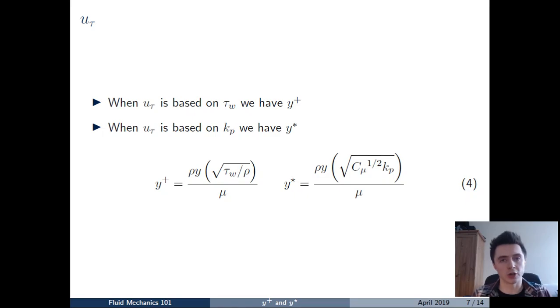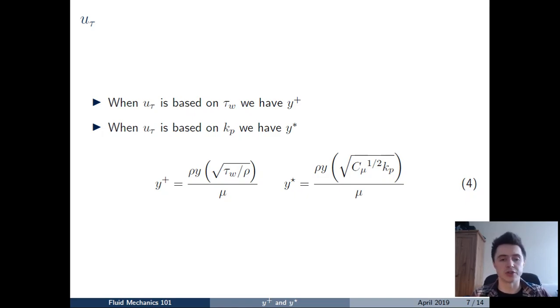The terminology that CFD codes use to describe these two approaches is: when we use a velocity scale based on the wall shear stress, we're using yPlus, whereas when we calculate a velocity scale based on the turbulent kinetic energy, we're computing y star.